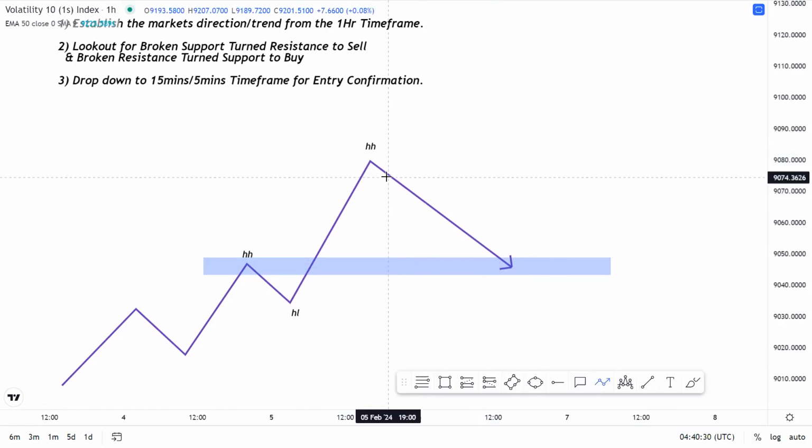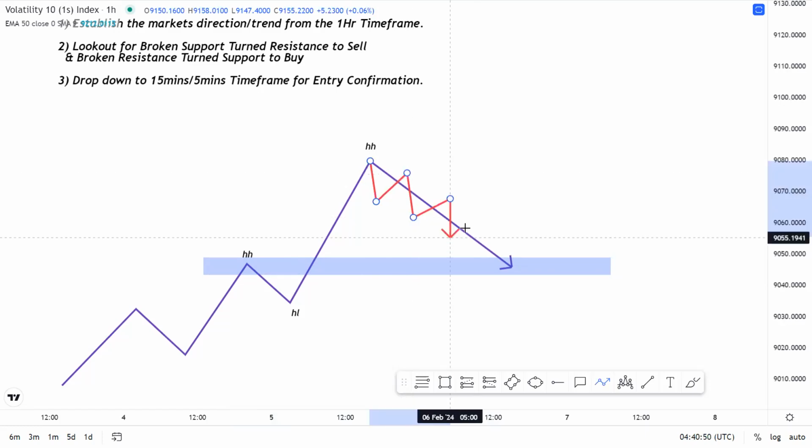Now, what you would notice whilst price is making the 1 hourly time frame retracement into our identified hourly time frame area of interest, you tend to notice we would have the 15 minutes or 5 minutes time frame structure to the downside.